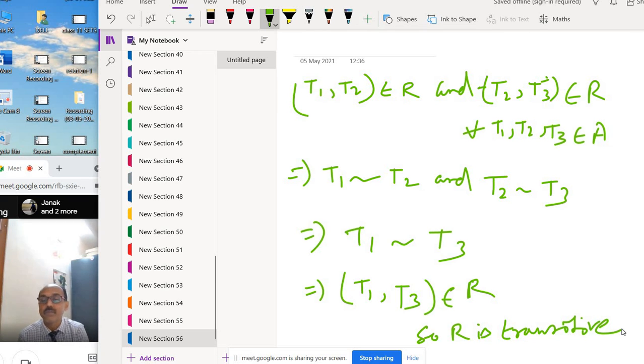So R is reflexive, R is symmetric, R is transitive. That means we can say R is an equivalence relation.